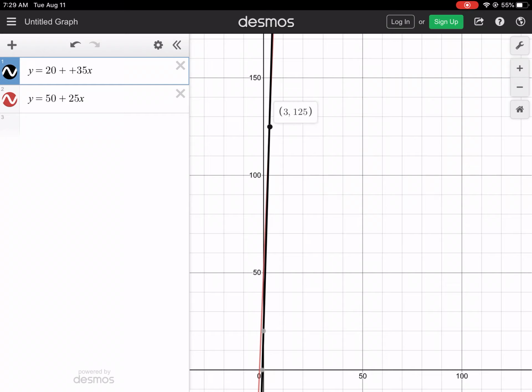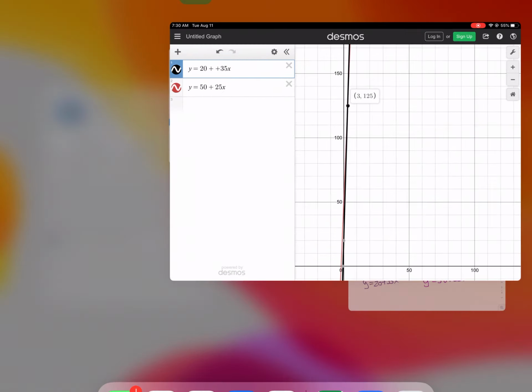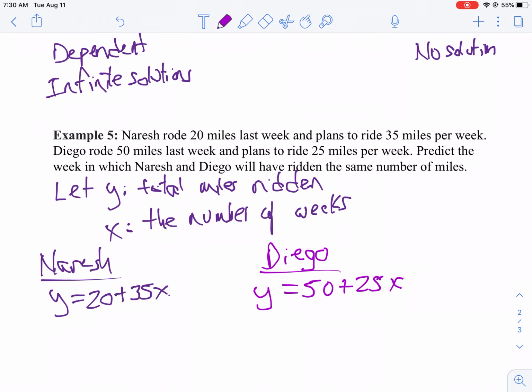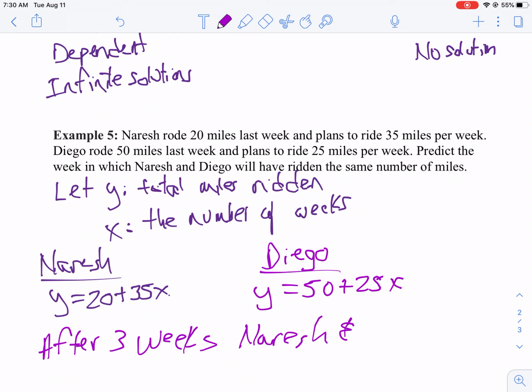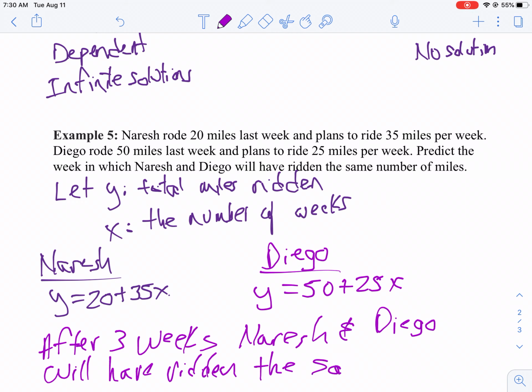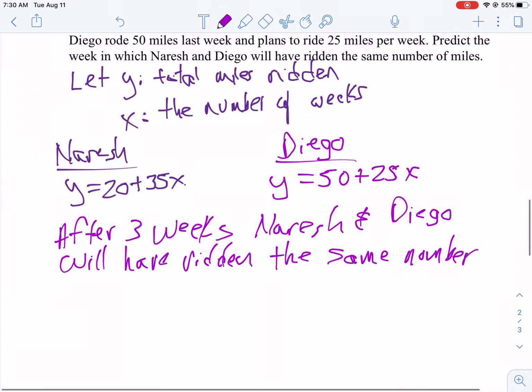So after 3 weeks, because x is the number of weeks, each will have ridden 125 miles. There you have it.